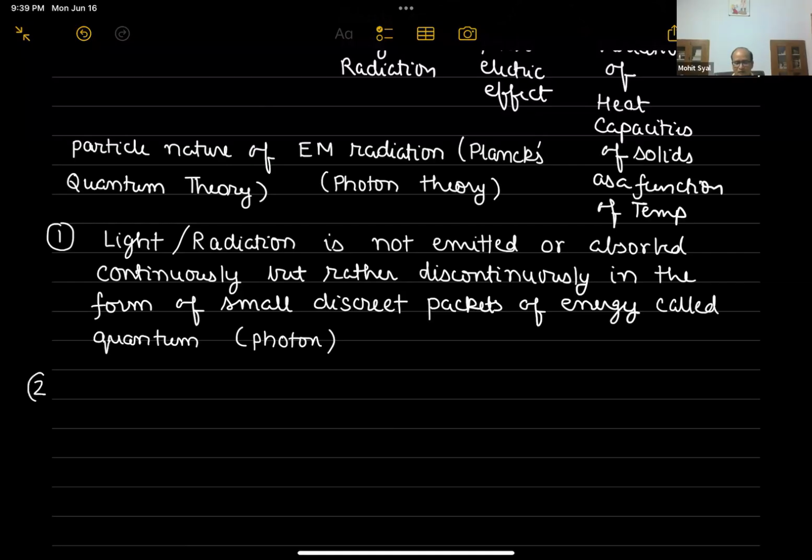So the second point is the energy of each photon, or the particle of light, which you can call a quantum, is directly proportional to its frequency.